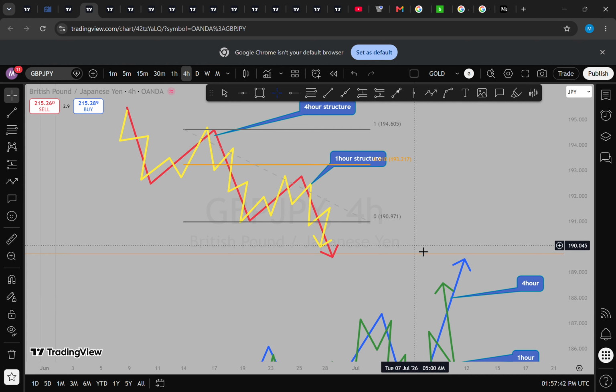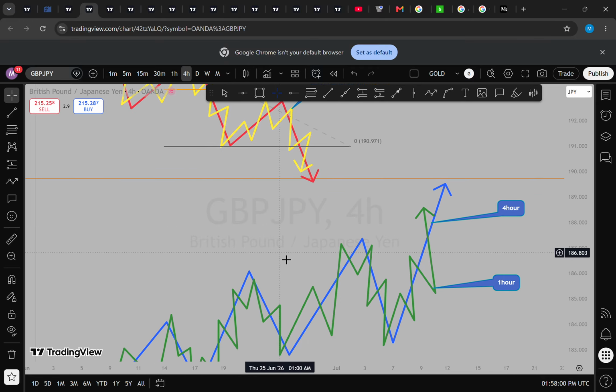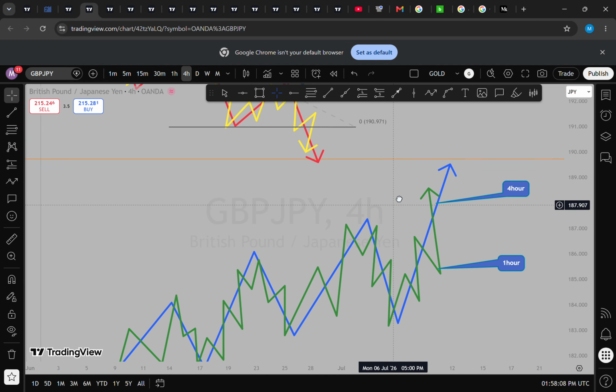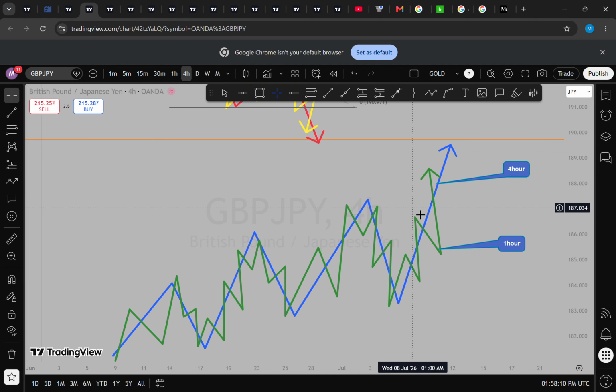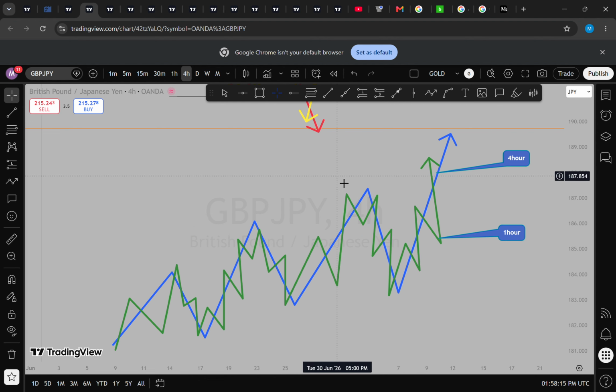In the next class I'll be talking about the minor structure, where we'll be going down to lower time frames like 15 minutes, 5 minutes, 1 minute, to identify minor structures so that you can easily differentiate between the minor and the major structure. So far so good. That is how far we can go. I don't want to bore us too long, and this is at 90 minutes. I think it's getting too much. So our next class will be on minor structure.